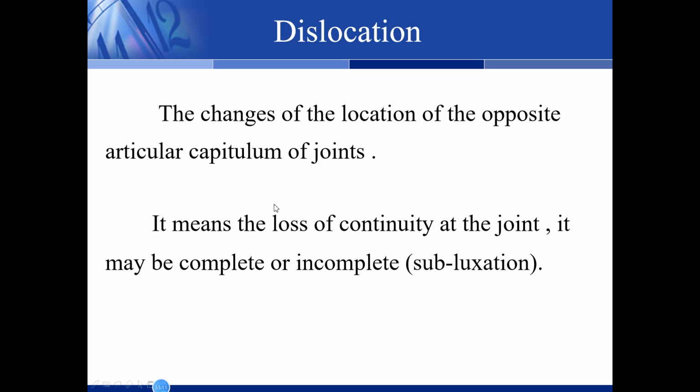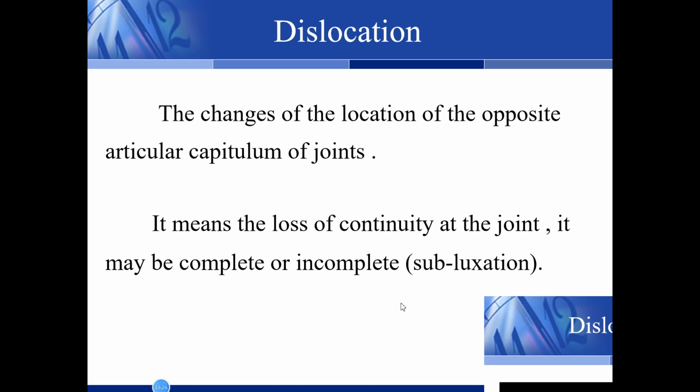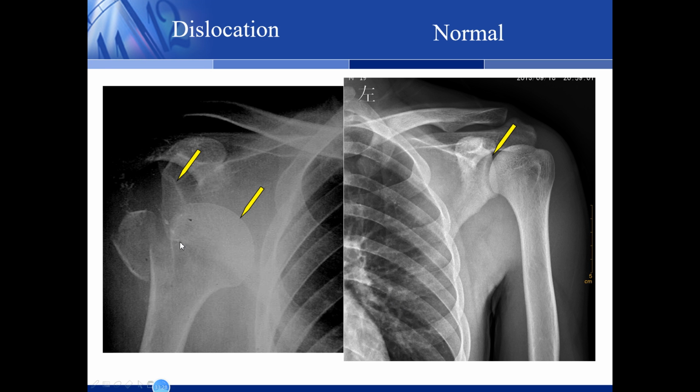Dislocation. It is a change of the location of the opposing articular surfaces of a joint. It means the loss of continuity at the joint. It may be complete or incomplete. Here is a dislocation, and we could see the head of the humerus displaced.